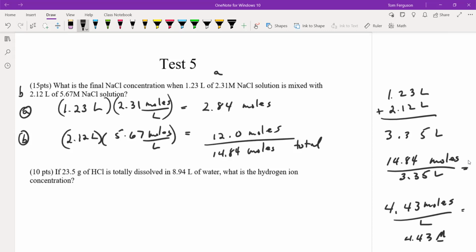So that's 4.43 molar. That's how concentrated the resultant mixing is.